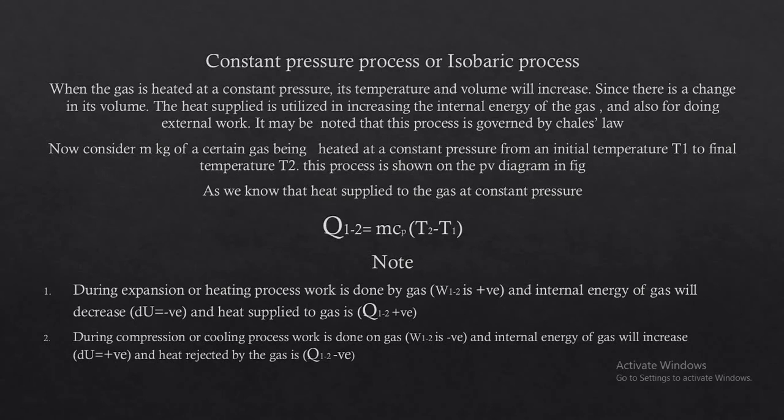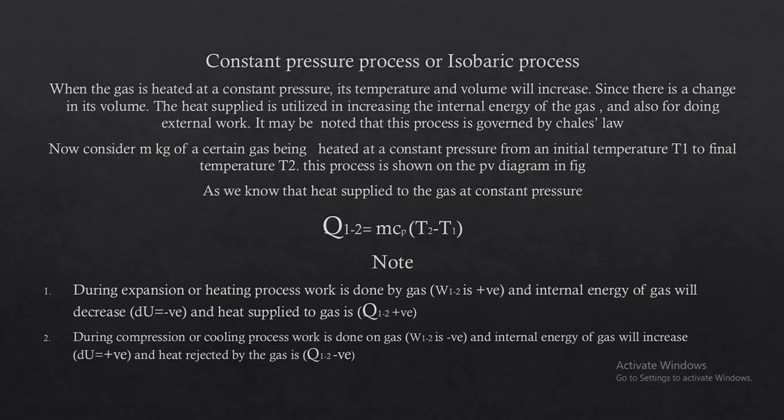Constant pressure process, or isobaric process. When a gas is heated at constant pressure, its temperature and volume will increase. The heat supplied is utilized in increasing the internal energy of the gas and also for doing external work.